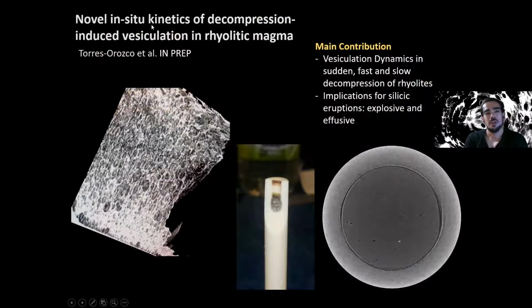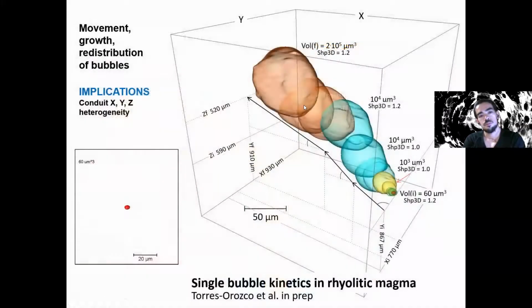And in this work, we have several papers in preparation, like this one, which is on the kinetics of decompression-induced vesiculation, how this will influence also the types of eruptions, explosive or effusive, and understanding the dynamics of bubble nucleation controlled by decompression, whether sudden, fast, or slow, which is very relevant for volcanic eruptions.